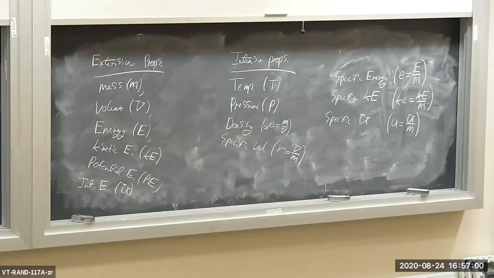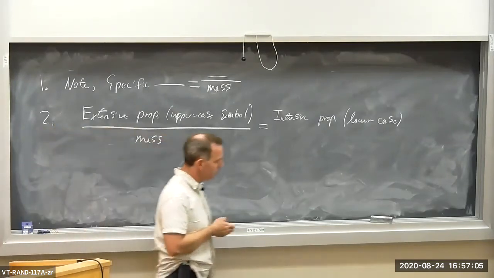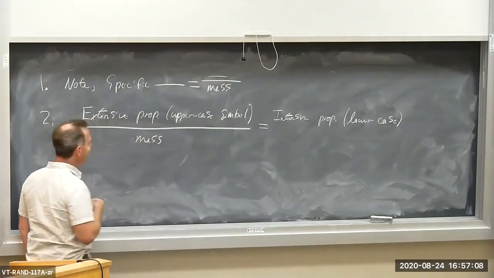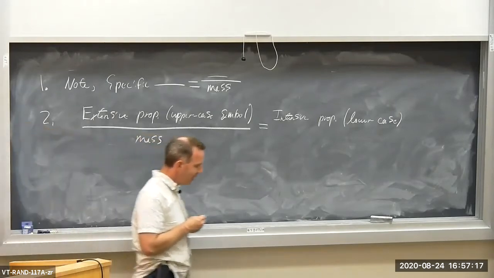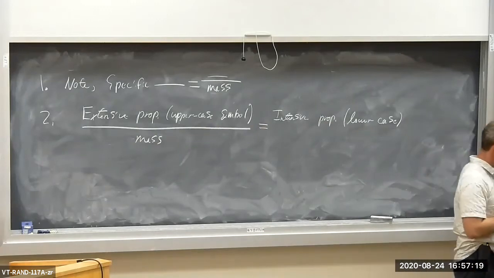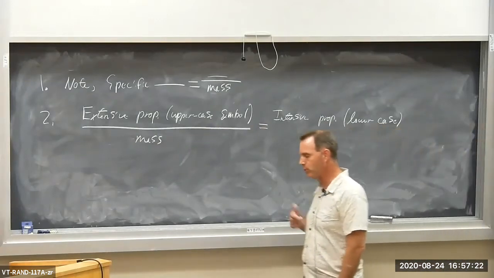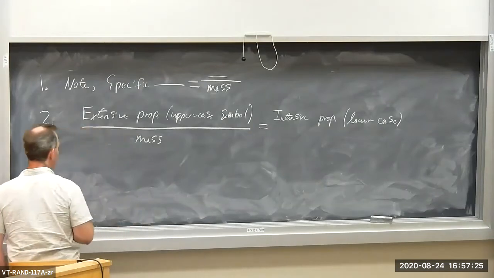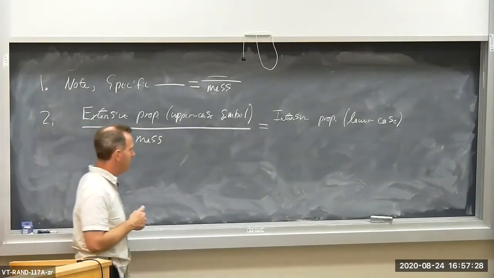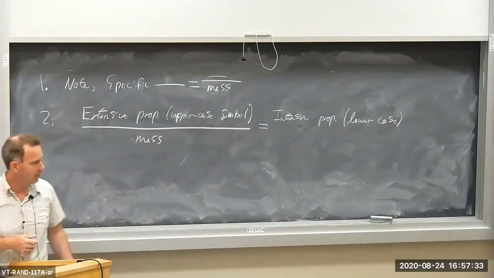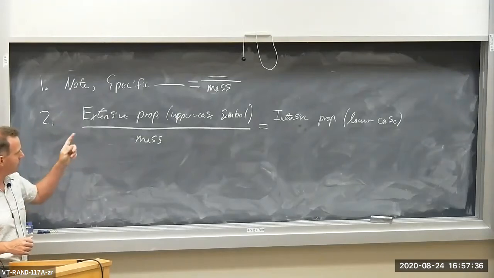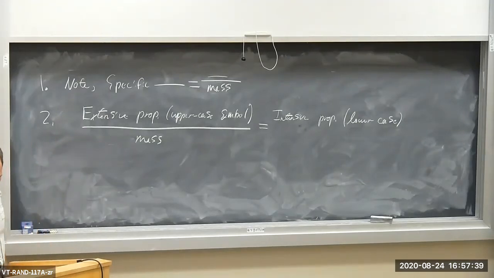Oops, sorry. So what's the second rule here? There we go. First rule, note, specific anything is that thing divided by mass. You take an extensive property, which is represented in uppercase. You divide it by mass, that will give you specific that thing, and it's symbolized by a lowercase quantity, and therefore an intensive property. Uppercase divided by mass gives you a lowercase.